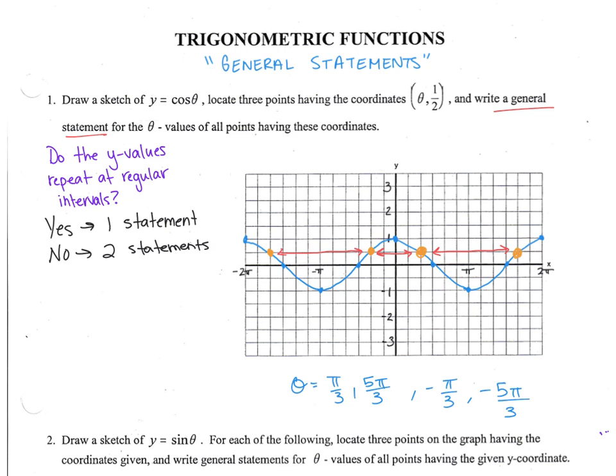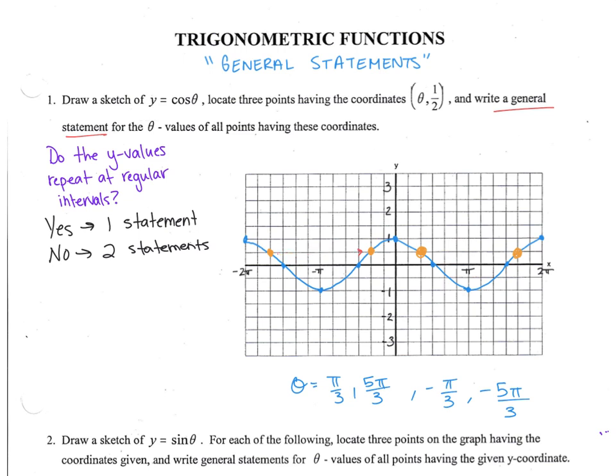So our next question should be, okay, that's great, I have to write two statements, but how do I know how to write those statements? The reason why is because we need to write a statement that tells us over and over and over how we can predict our next angle that will give us a y value of 1/2.